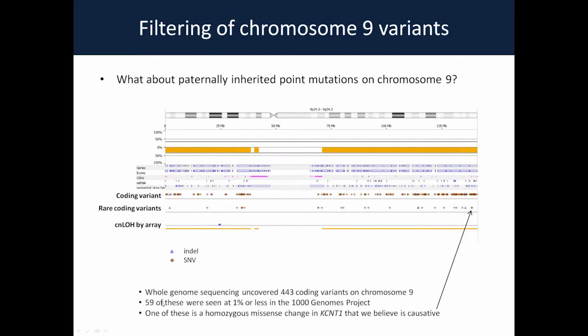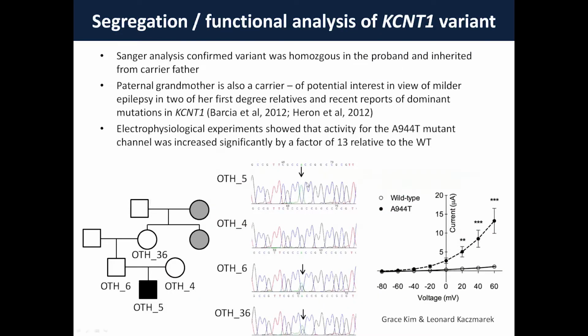And once you've got down to that level, you can look through the gene list, and one of them was an exceptional candidate gene, a potassium channel gene, and that was the one that we were pretty sure right from the start, to be honest, was what was causing the disease.